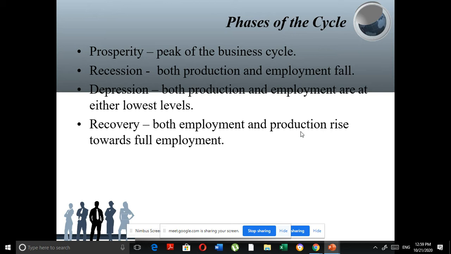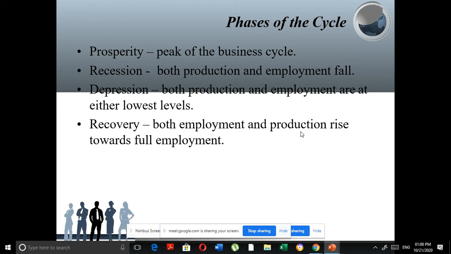Then recession: employment falls, production falls. If both employment and production are decreasing, the country is in recession time. Depression is severe recession. So production and employment are at the minimum, at the lowest level.